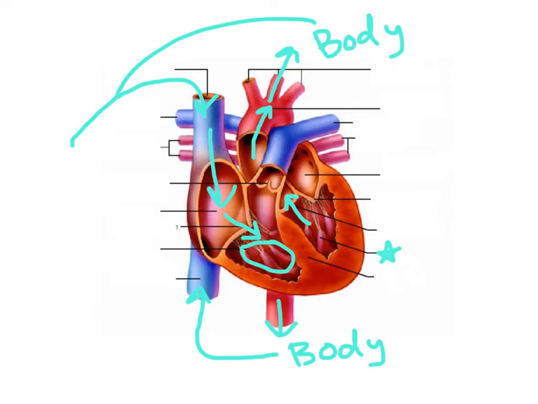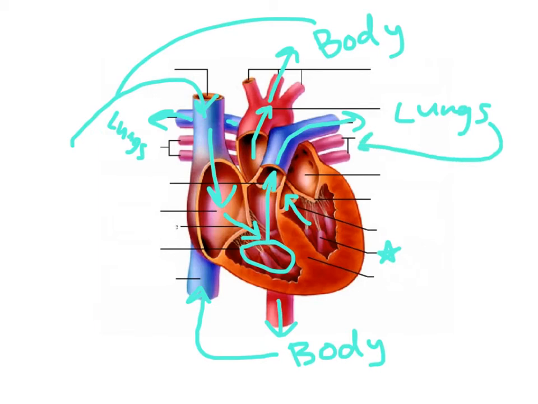After the right ventricle, it gets pumped through the pulmonary valve to the pulmonary arteries. Remember, arteries take blood away from the heart. It's going to go out both of these to the lungs. And we need to go to the lungs because we got to pick up more oxygen.